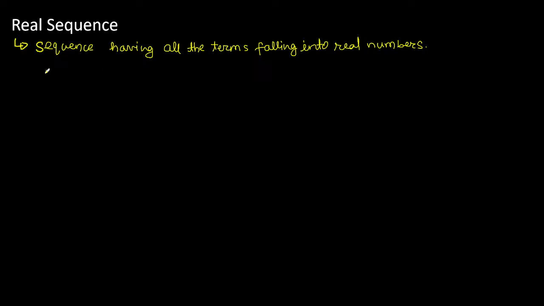This is a real sequence. For example, -5, -4, -3, -2, -1, 0, 1, 2, dot dot dot. So this will keep on going. So this is a real sequence.